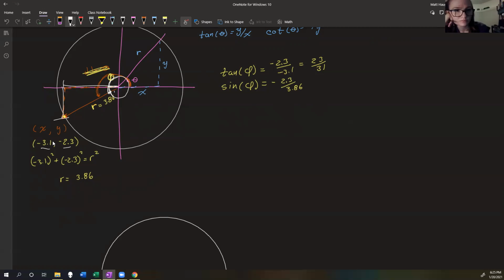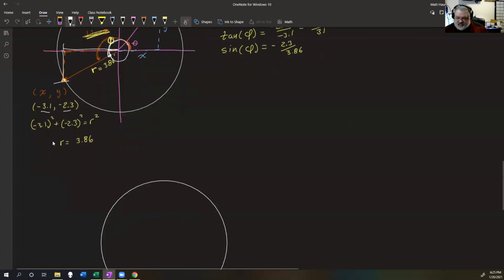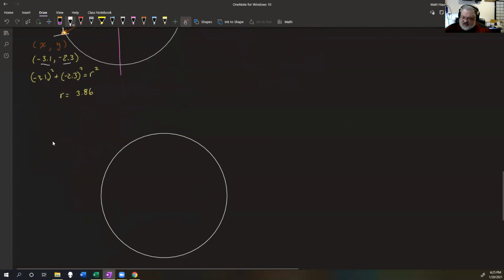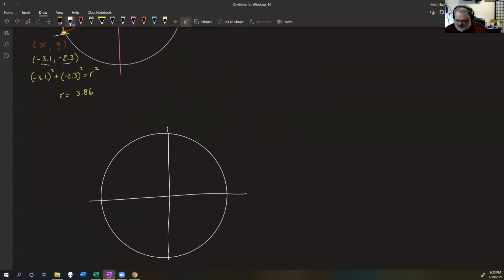So the values are going to be different, but the ratios are all going to be the same. So it's often going to be handy for us to, instead of forcing ourselves to be on a circle of whatever radius the problem happens to want us to be in, force it to be a circle of radius 1.